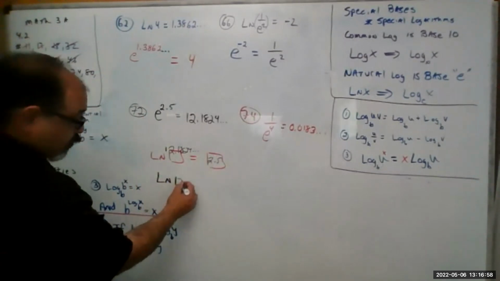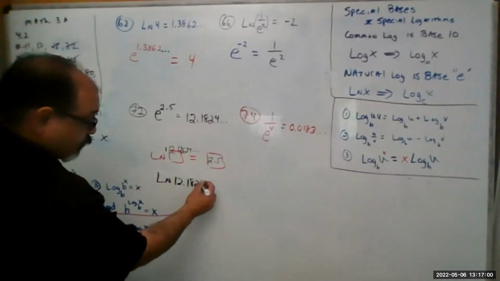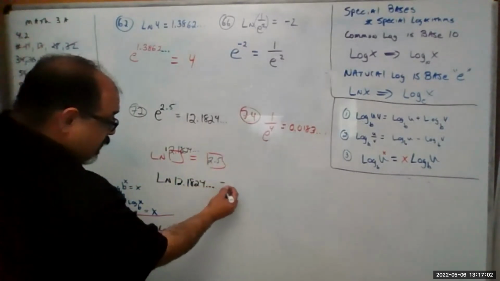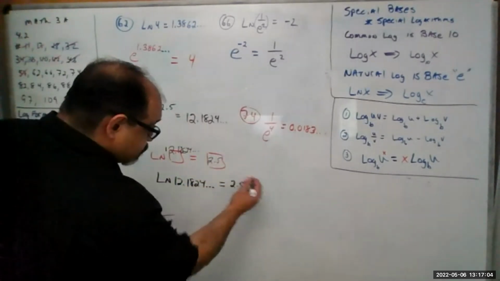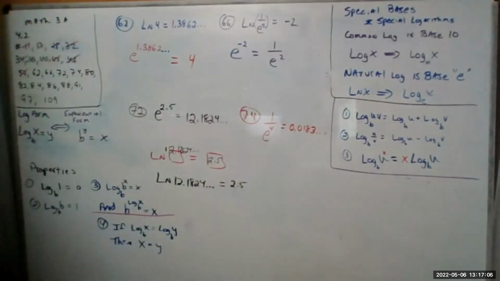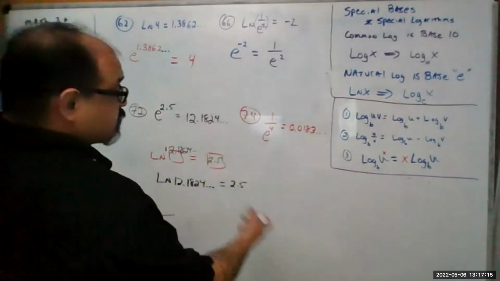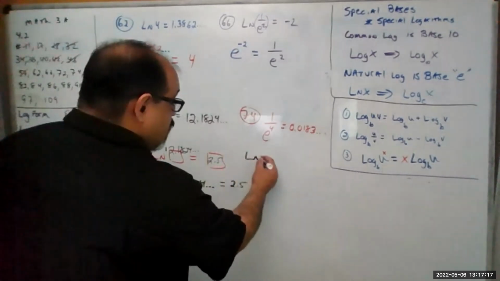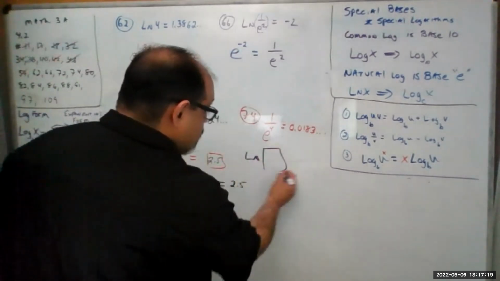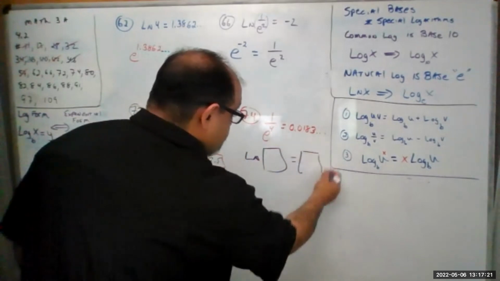The natural log of 12.1824... is 2.5. Same thing over here. Base to the across equals what's inside. Somebody took the natural log of something and they got something.